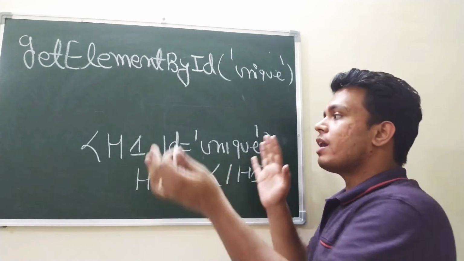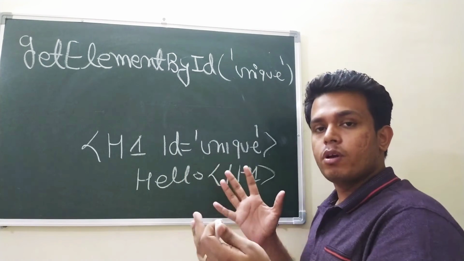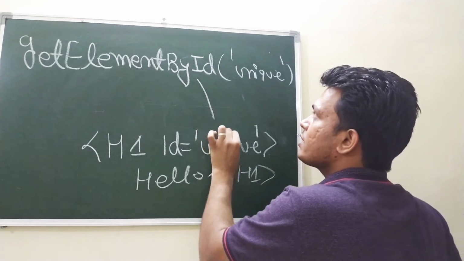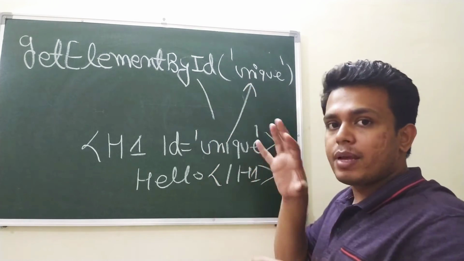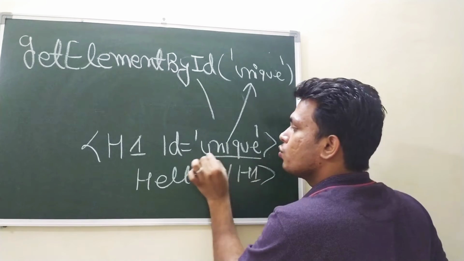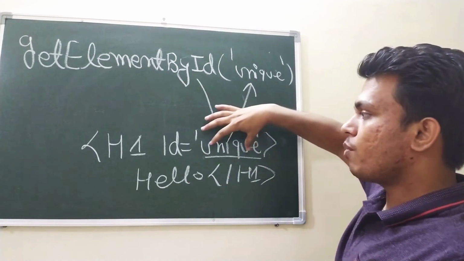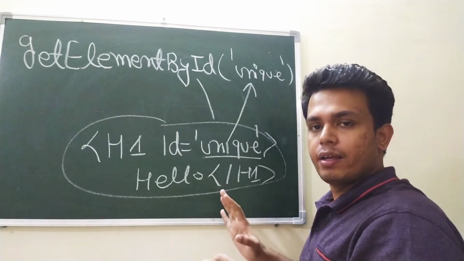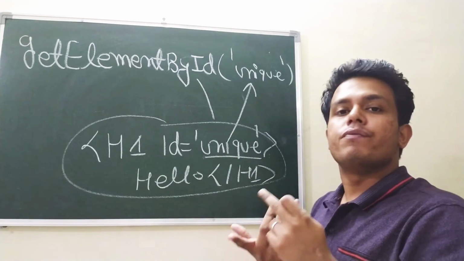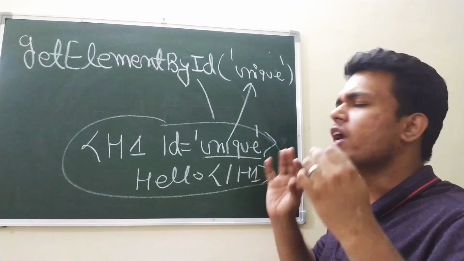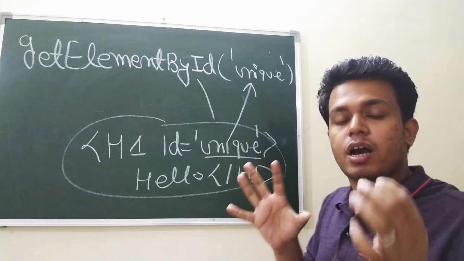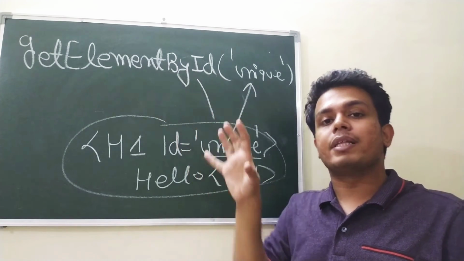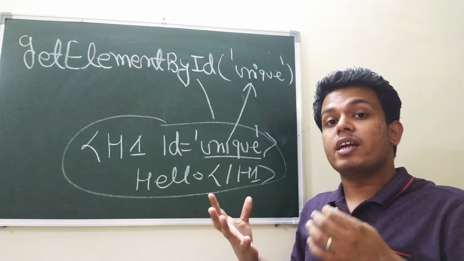The browser will convert this data into a DOM, or a tree structure. With the help of this, we are passing this data to here. We are grabbing this unique ID to here. With the help of it, we are identifying this whole data. Once we identify it, we can simply manipulate it, we can delete it, we can remove it, or we can do anything. Whatever operation comes to your mind, you can do with the help of grabbing the element, right? And it is very dynamic.